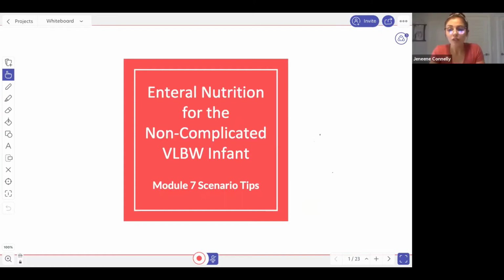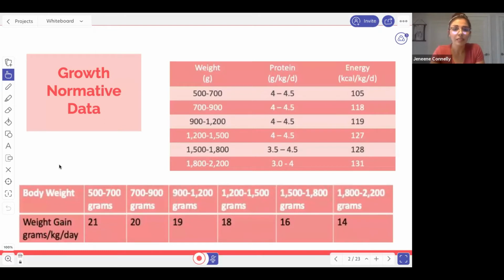So, Dr. Abel, can you tell us a little bit about what we're going to be needing here in regards to all of our normative data, or just little key tips in regards to the scenario? What should we know before we get into this? Well, in the first couple of slides are the normative data that we have been presenting since Module 1 even. So this information should look familiar.